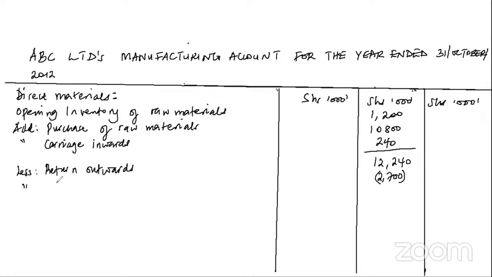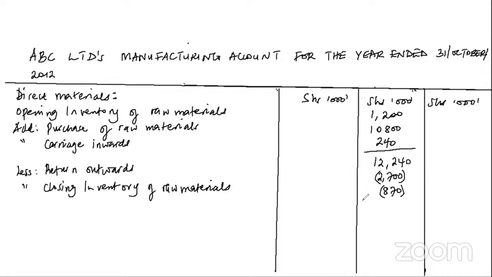Then I'll also deduct our closing inventory of raw materials, which you find from the additional information, 870.